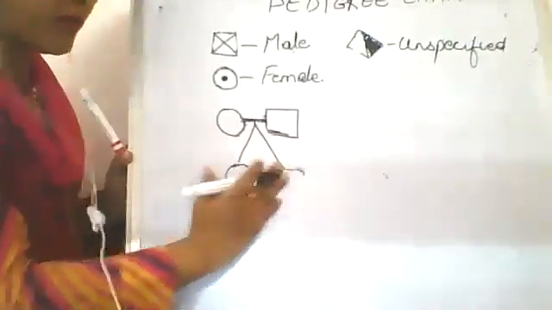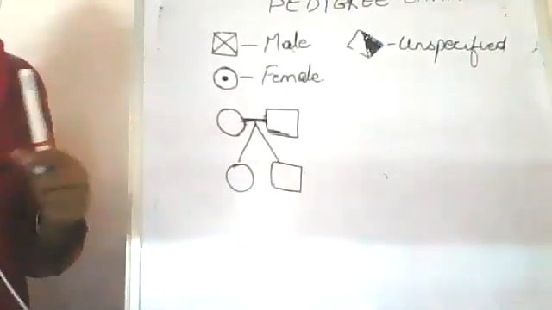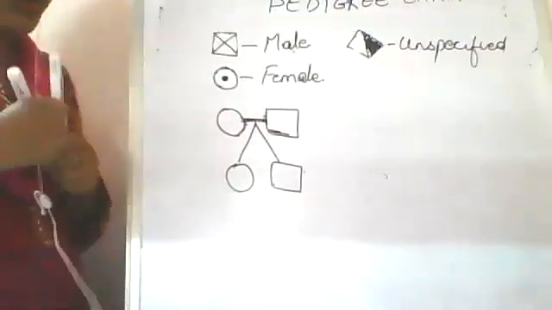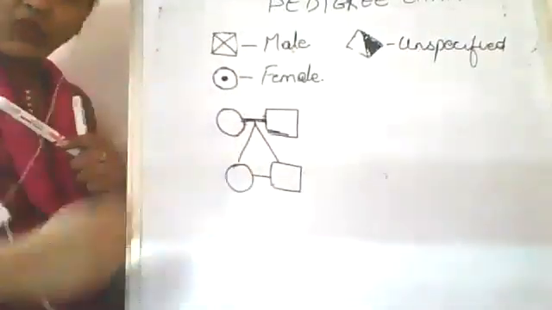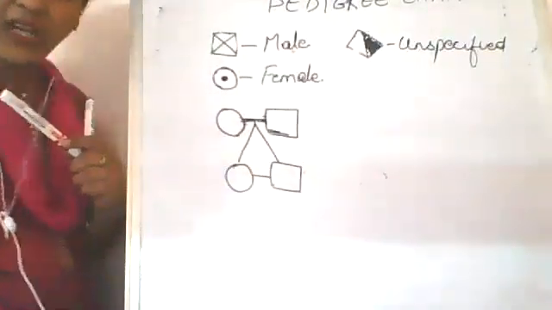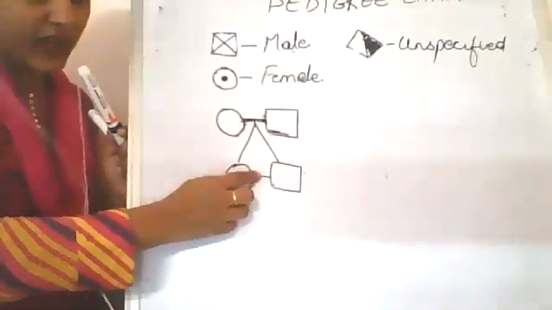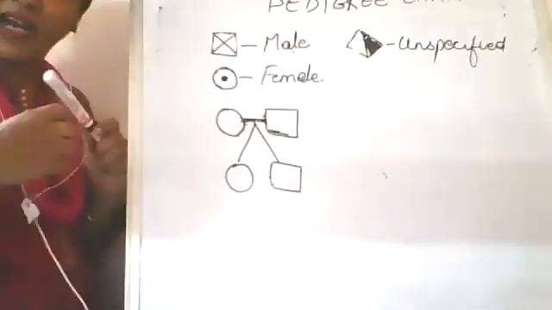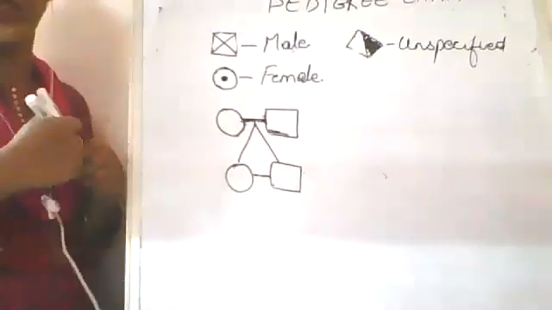Or suppose one was female and the other was male, I'll show them by this symbol. And if I join them together like this, what will this mean? This will mean that they are identical twins. If they are non-identical twins, I do not join them with this line, and if I have to show that they were identical twins, I join them with this line.